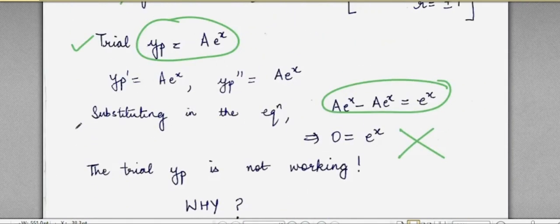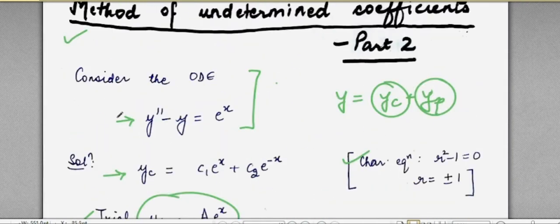Going back to the question which we started with, here e to power x was the right hand side and r equal to 1 was a root of the characteristic equation. So that means e to power x has an appearance in yc also. So if that is the situation, that there is a root of the characteristic equation, that means there is a contribution in the yc component already, then for the yp component, the affected part, that means the root, suppose the root is 1, corresponds to e to power x.